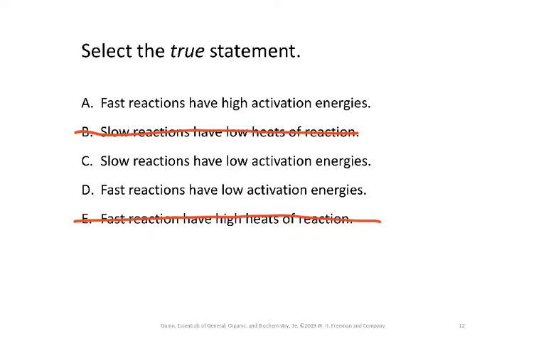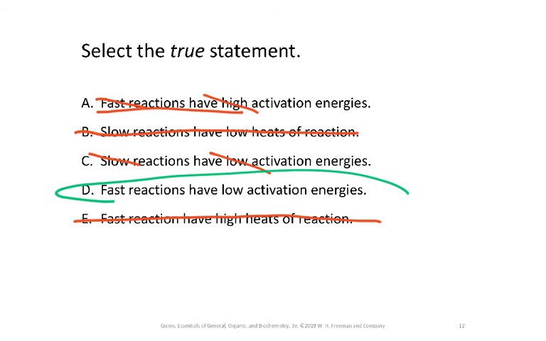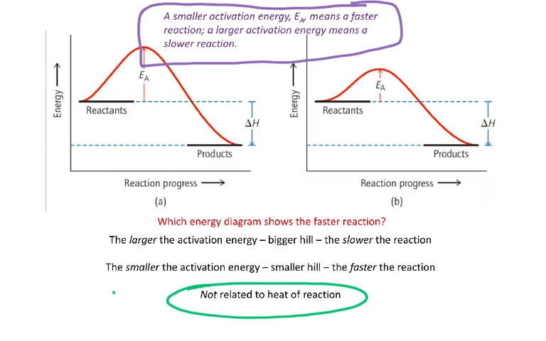It says fast reactions have high. No, that's not right. Slow reactions have low. No, that's not right. Fast reactions have small activation energies, like we see here. Faster, slower.